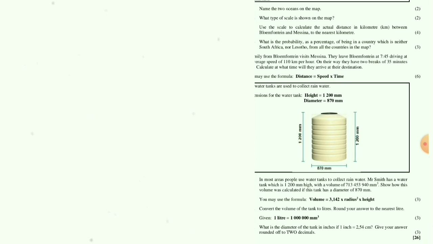4.3.3. What is the diameter of the tank in inches if 1 inch is 2,54 centimeters? Give your answer rounded off to 2 decimals. Okay, 870 mm, we convert. This is 87 centimeters. If we deal with cm, we have to convert.